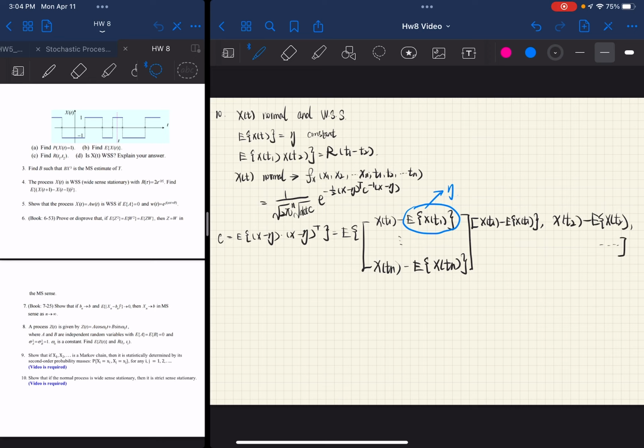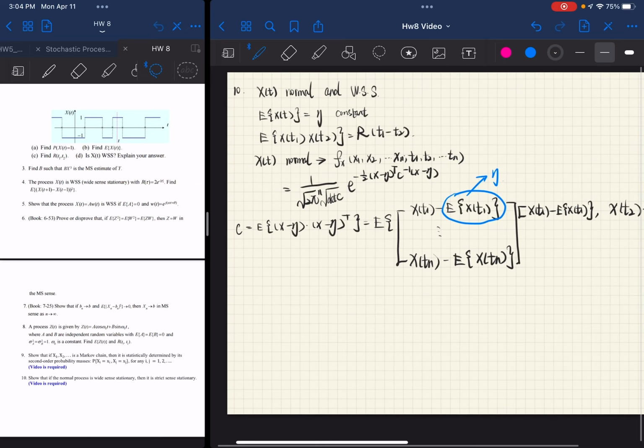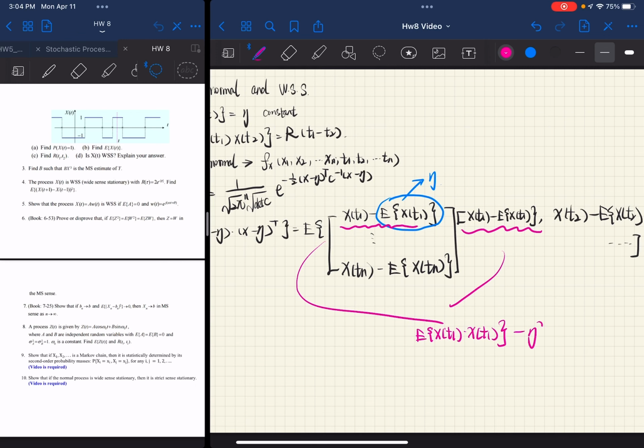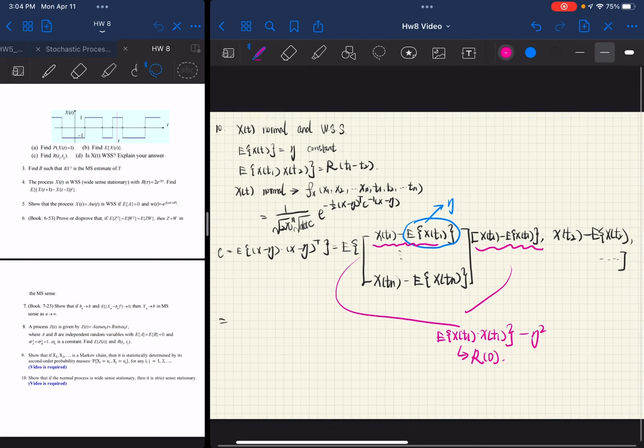If we combine these two together, we actually have this term times this term, and we get the expectation of X(t1) times X(t1), and due to the property of the wide-sense process, it equals this constant value.